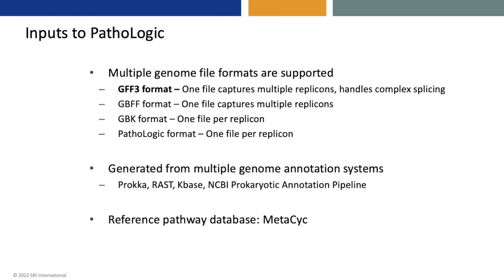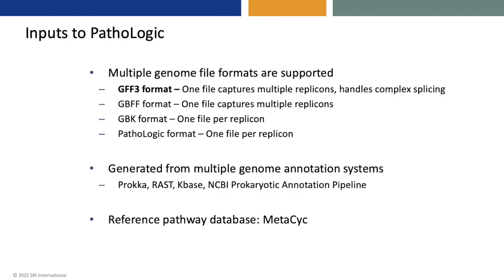The older GBK format, you can only put one replicon in a given file, so if you have more than one replicon, you have to supply a batch of files, which can be done, but it's more complicated. Similarly, the PathoLogic format that we invented also only supports one file per replicon.